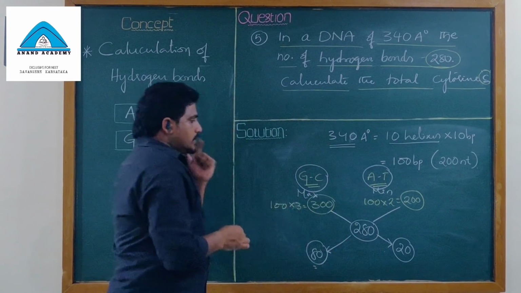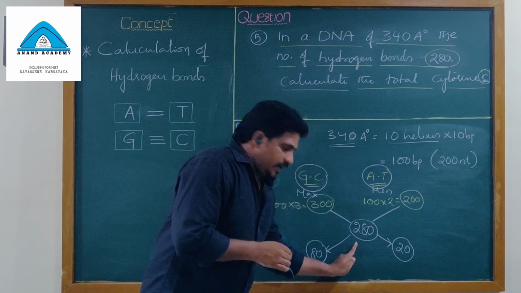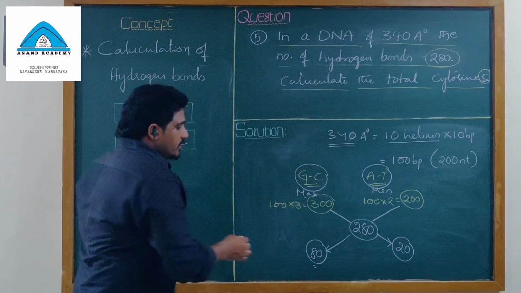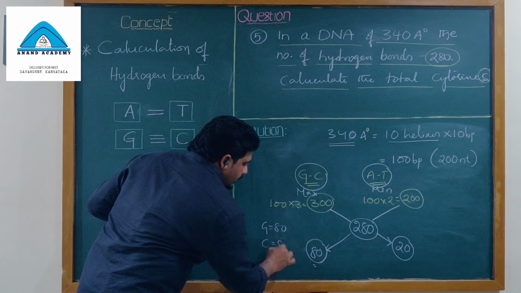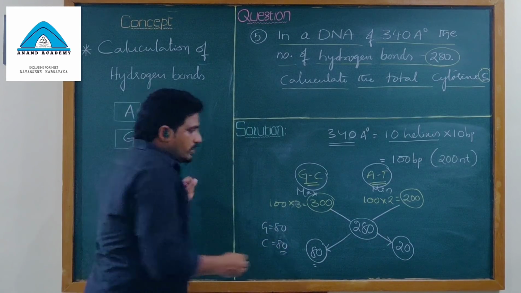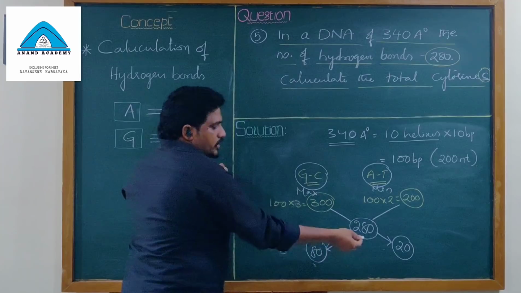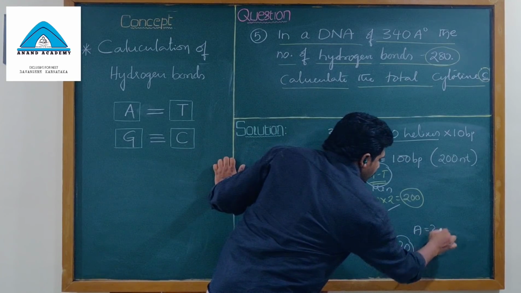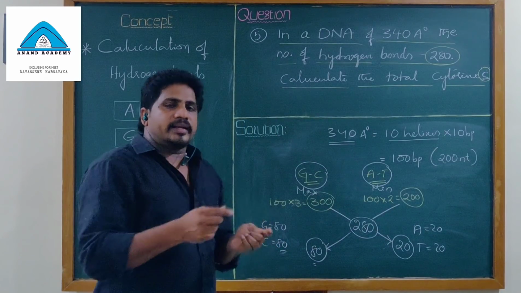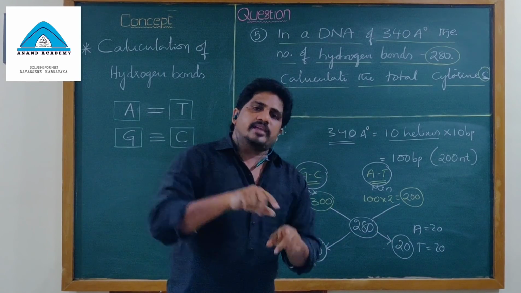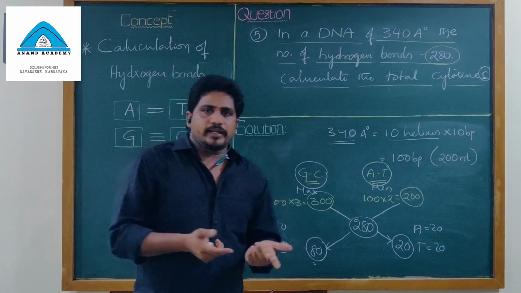So in 280, how many GC combinations are there? 80. So either G or C is 80. How many AT combinations are there? 20. So A is also 20 and T is also 20. Combination means a pair, no? A and T together 20 times pair means A is 20 and T is 20.